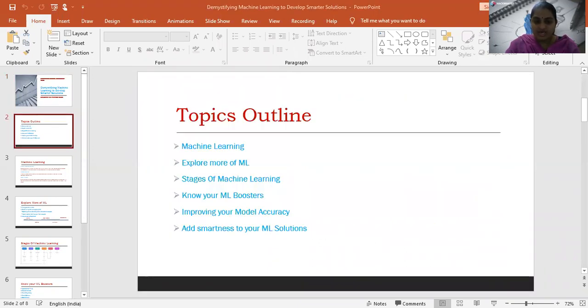Coming to our agenda, we will scratch the surface of machine learning along with important terminologies, stages of ML, boosters you can apply, tips and insights on how to improve model accuracies, and adding some smartness to your ML solutions. Now let's get started with knowing what is actually machine learning.